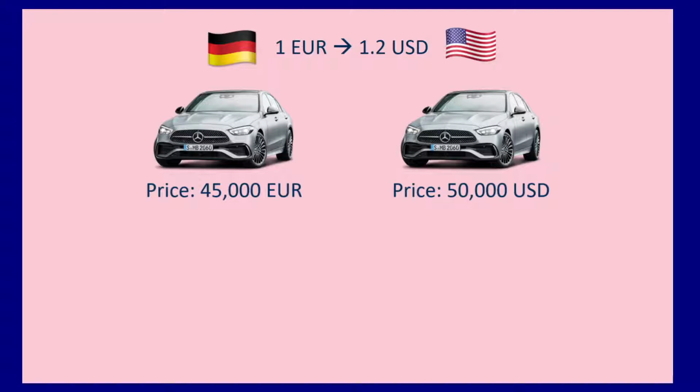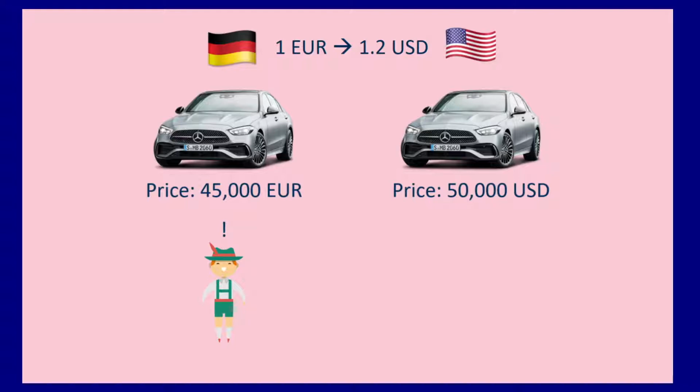Now, our typical German guy might ask, okay, I would like to buy a Mercedes, but where can I buy it cheaper? And he might have an idea.